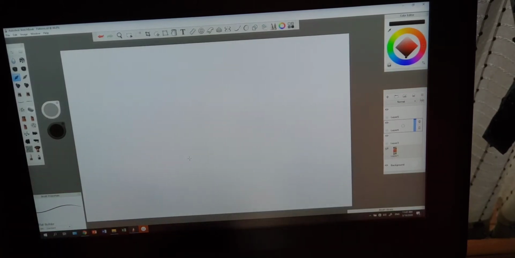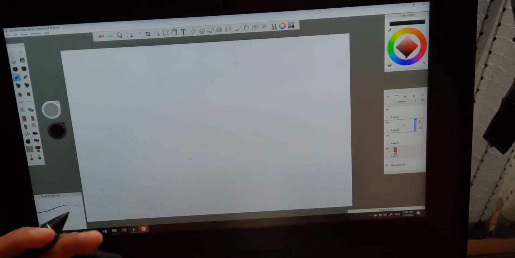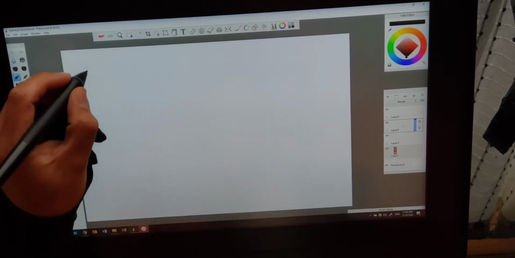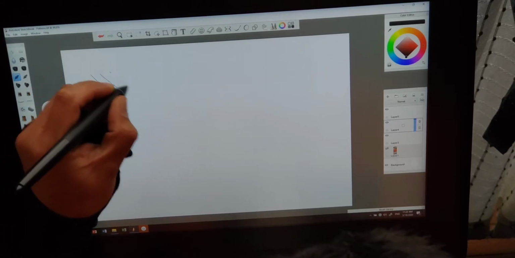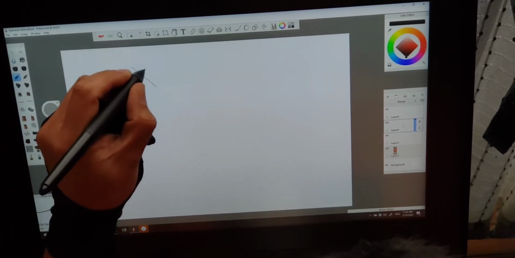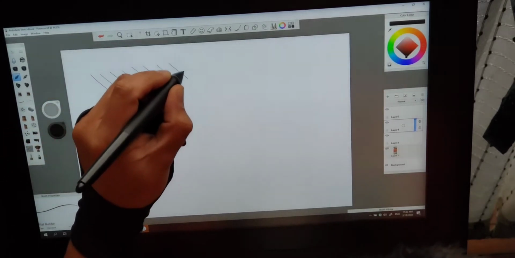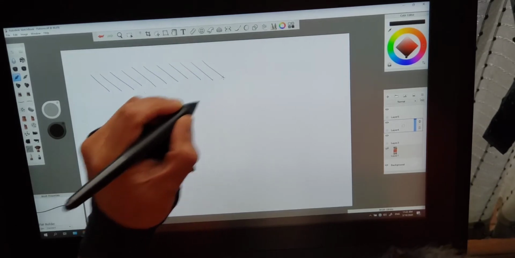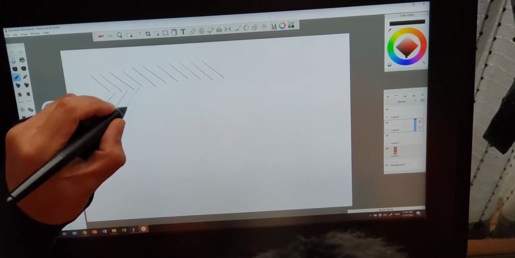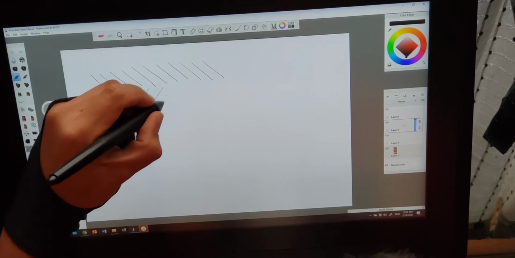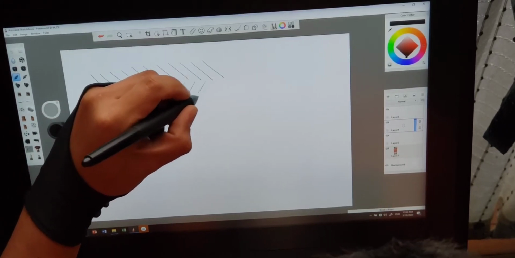So guys, basically a pattern is the repetition of a simple shape. For example, if I draw lines in the same direction, possibly like this, then maybe I draw lines like this, then we have a pattern.